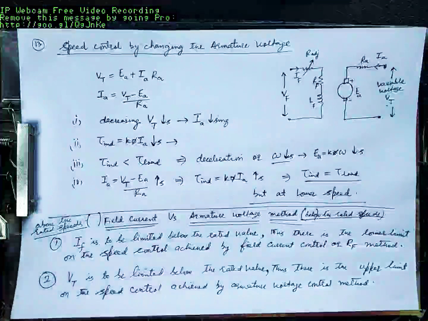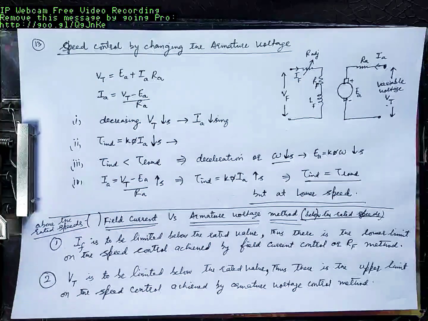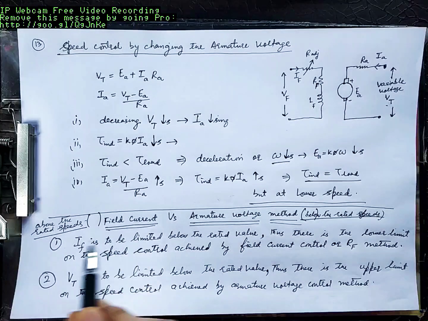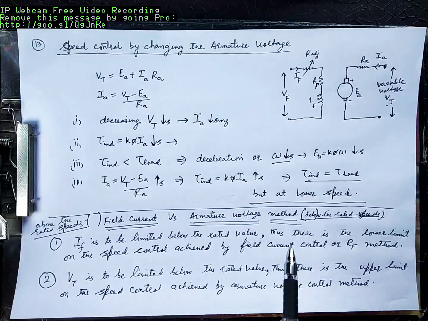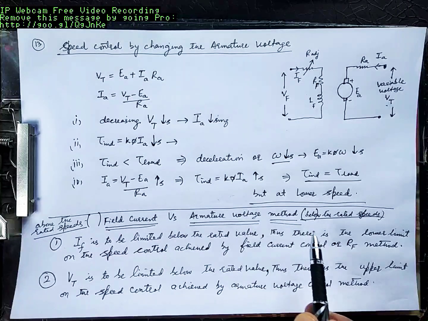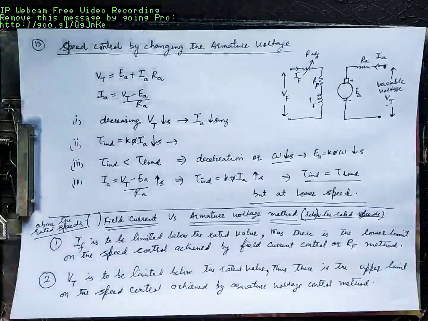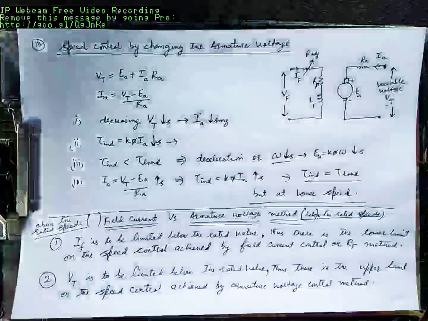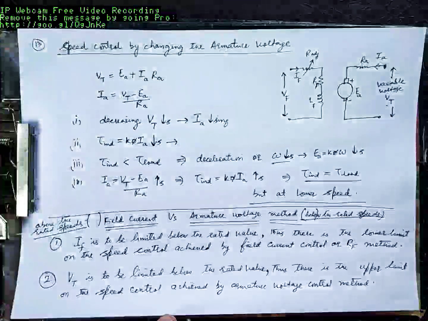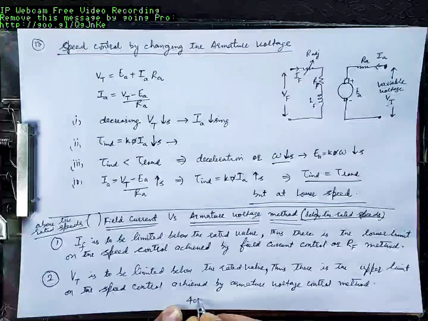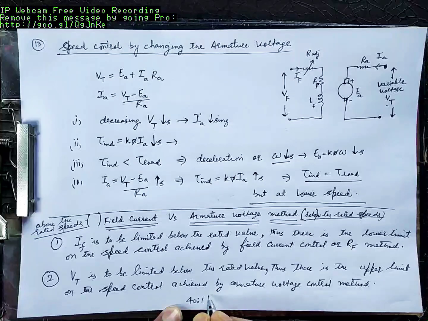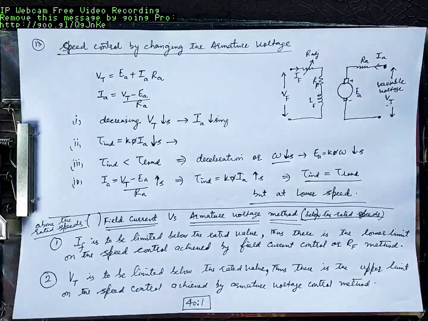Thus, in a shunt motor or in a separately excited motor, if we use both the speed control methods, we use field control methods above the rated speed, and we use the armature voltage control method for below the rated speeds. You can have speed control in a motor as high as 40:1.